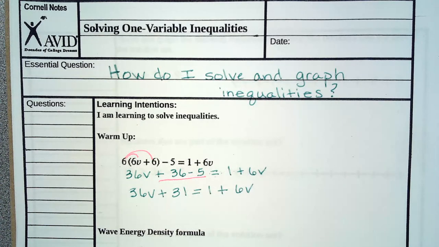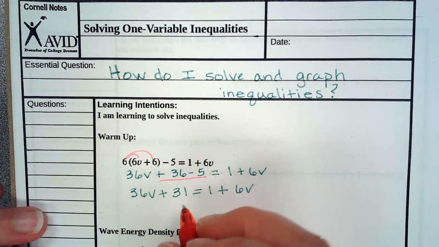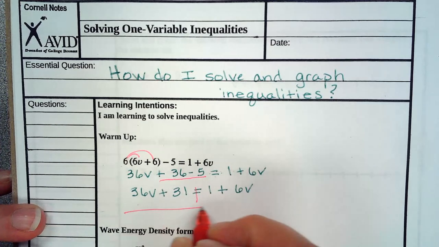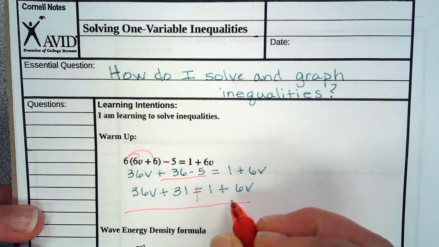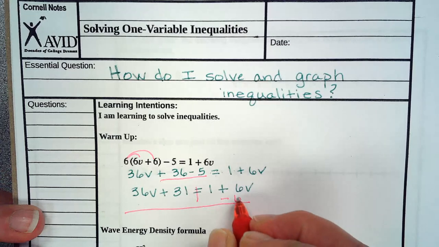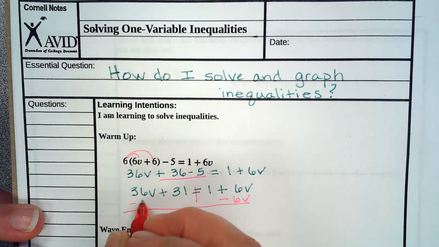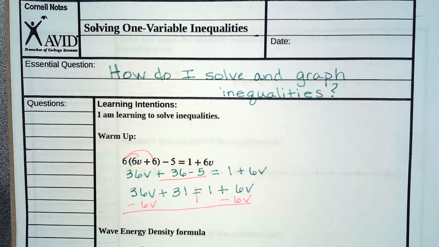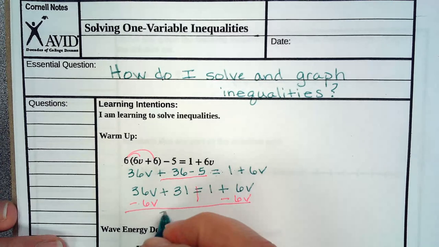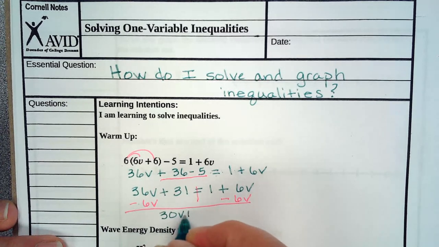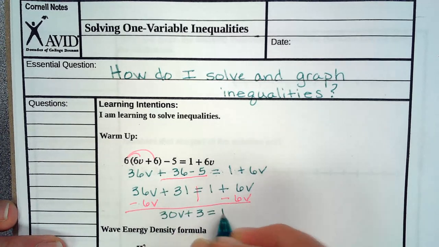Next step, get your v's to the same side. 6v is definitely smaller than 36, so I'll subtract 6v from both sides. 30v plus 31 is equal to 1.